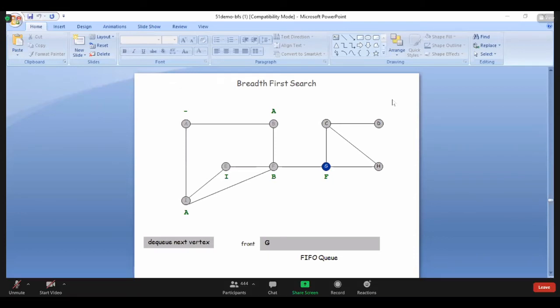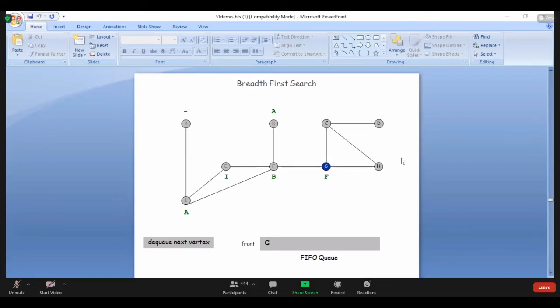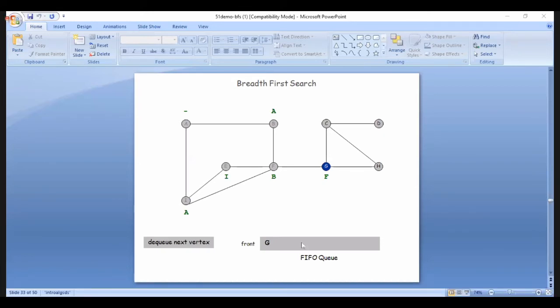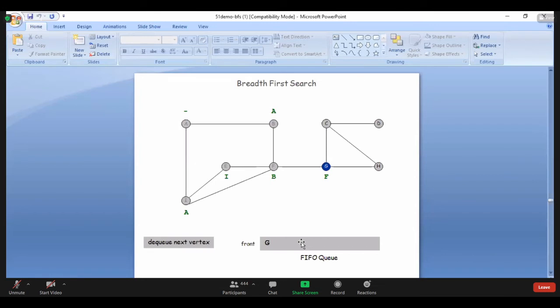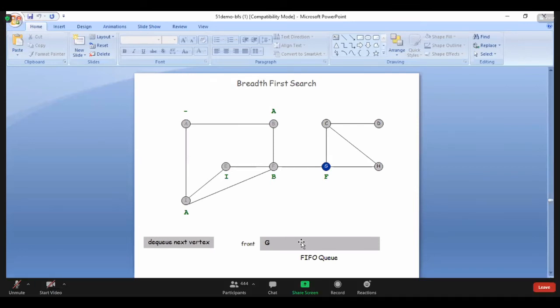Okay, now you want me to explain once again. Is the screen visible? Can you people clearly see this? Look at this, you only answer me.